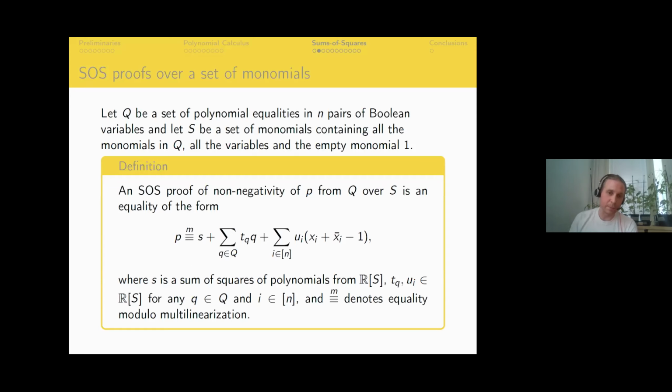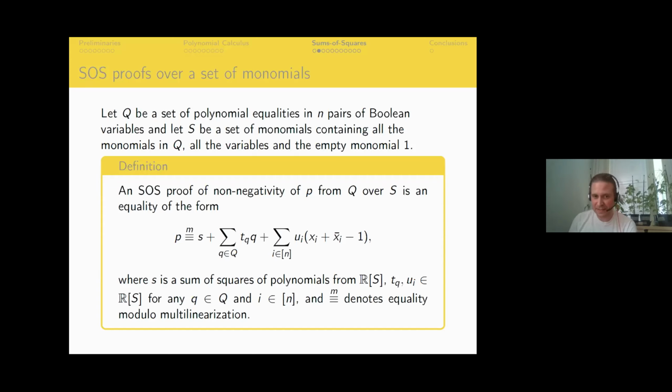The basic reason for this is that if two polynomials are equal modulo multilinearization, there's a certificate for this whose size is relative to the size of the two polynomials.